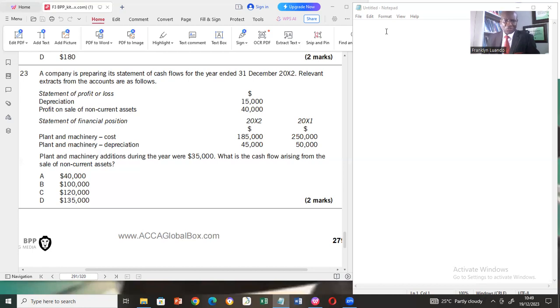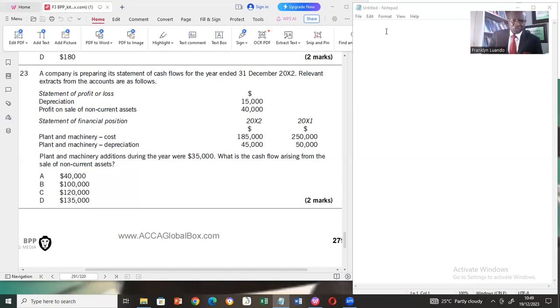Relevant extracts from accounts are as follows: statement of profit or loss, depreciation, profit on sale of a non-current asset; statement of financial position, we are given the previous year 20x1 and the current year 20x2. Plant and machinery additions during the year were $35,000. What is the cash flow arising from the sale of non-current assets?